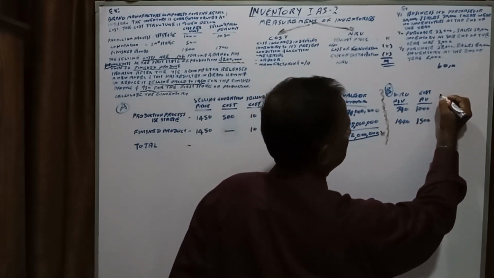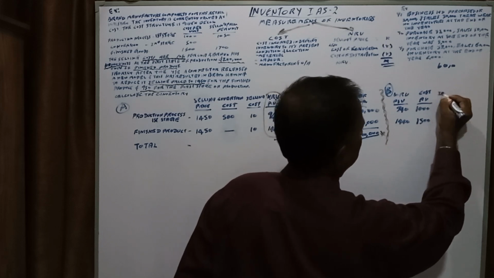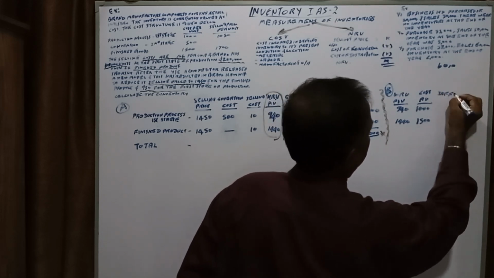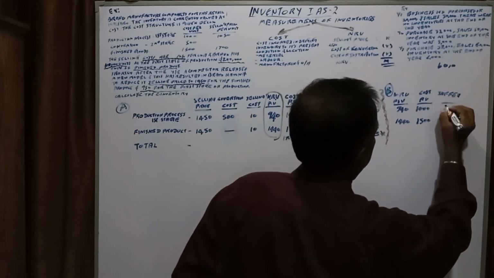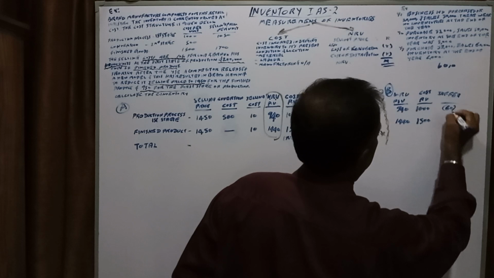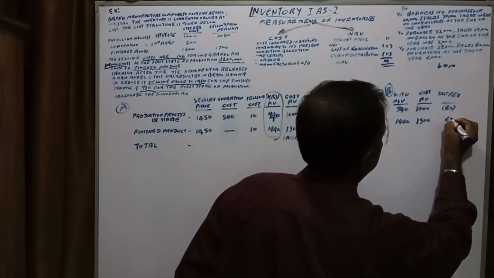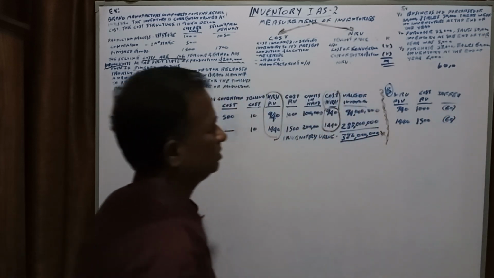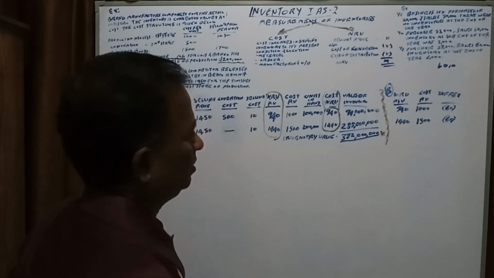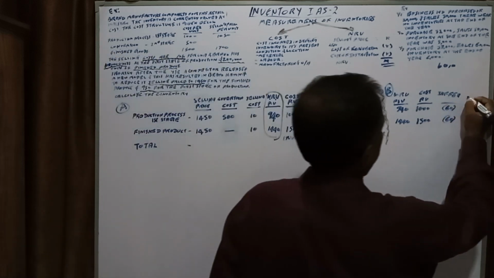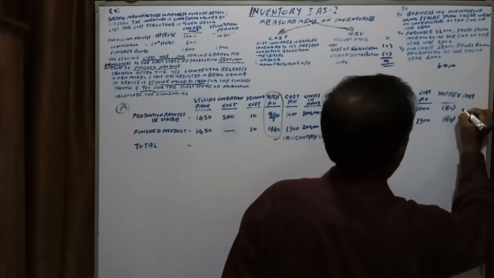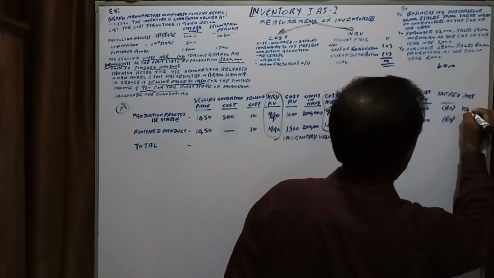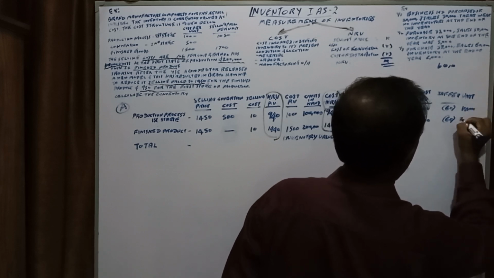It is 60, minus 60, and you have to multiply by units, 100,000 and this is 200,000.